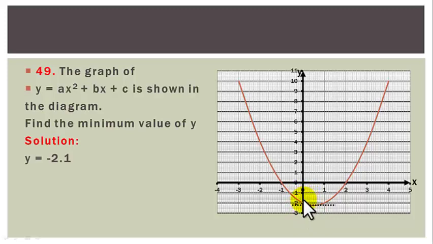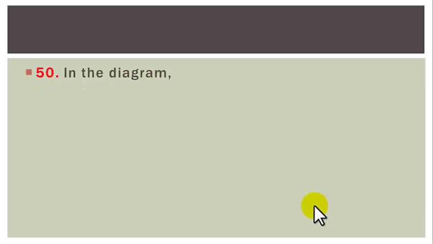Please note, on the y-axis, there are 10 small squares here, so each small square represents 0.1. So if this point is minus 2, then at this point we'll have minus 2.1, which corresponds to the minimum value of y.